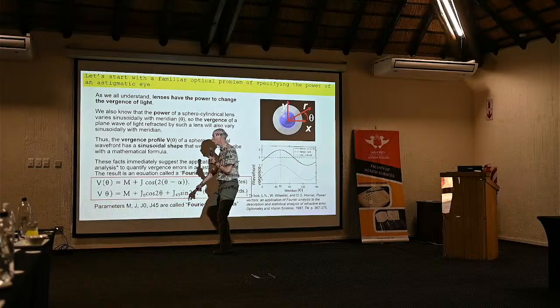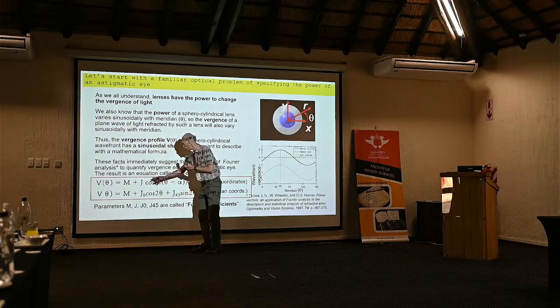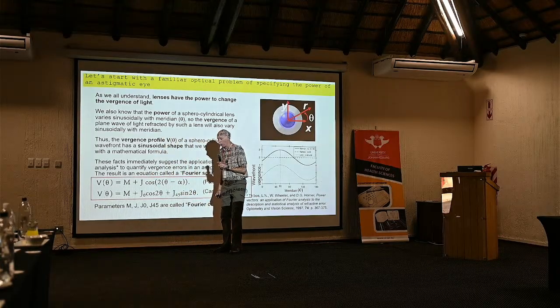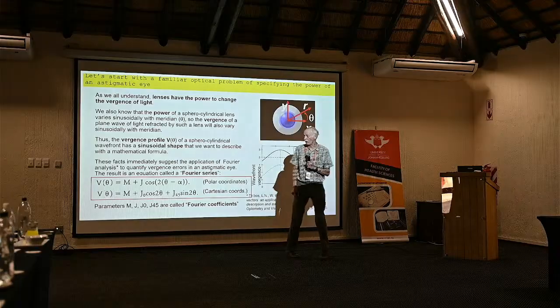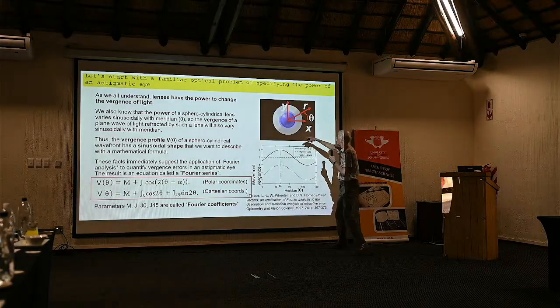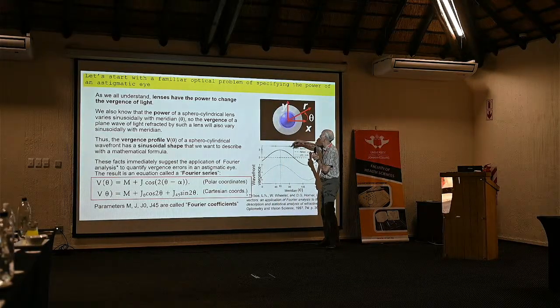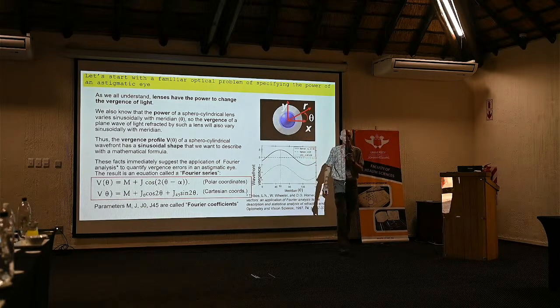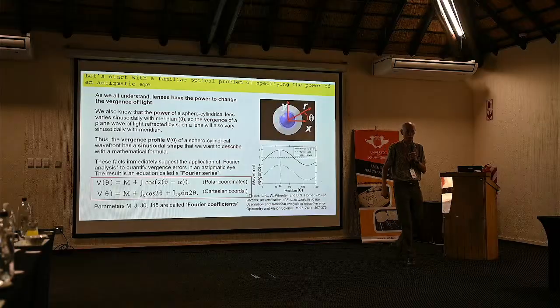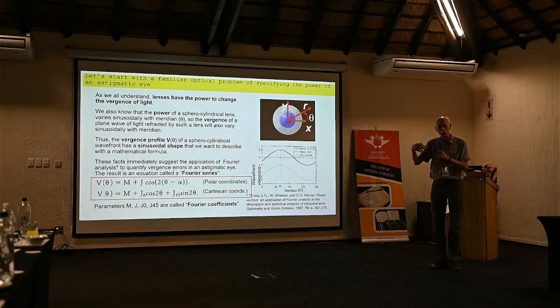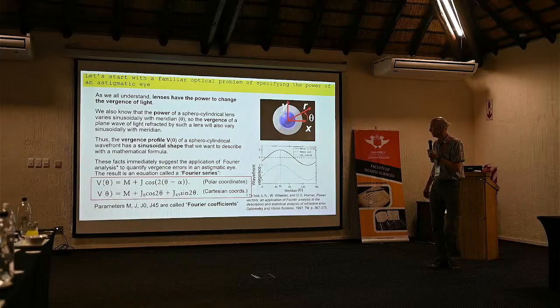And we would call these Fourier coefficients M, J, and alpha. But now you can also, I should have talked about this coordinate system, of course, center of the pupil, X, Y, theta is the meridian, and a radial distance away from the center is our parameter. So we can talk about it in radial coordinates, or we can put it into Cartesian coordinates.